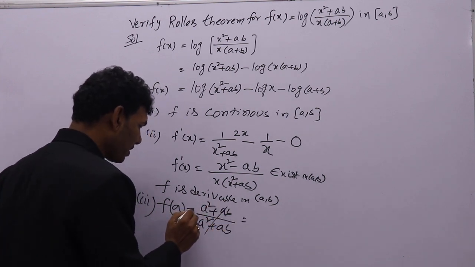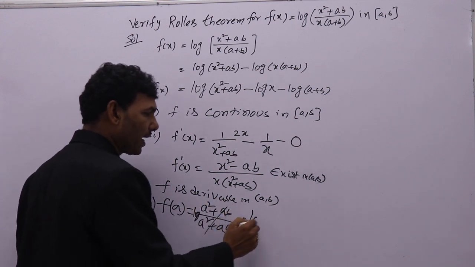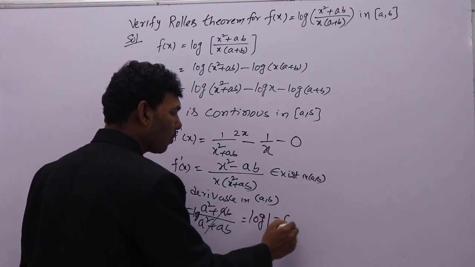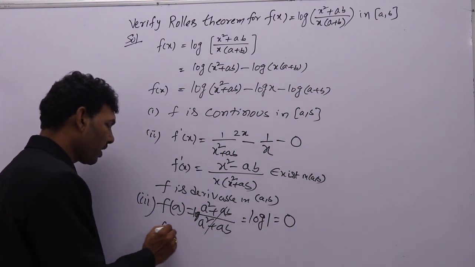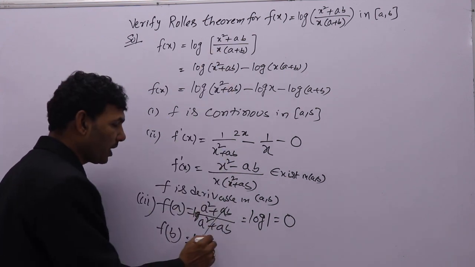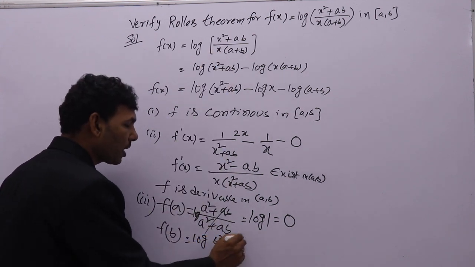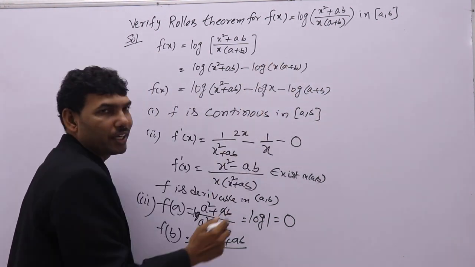What will you get? Log is there, log is there, so both get cancelled. Log 1 is 0. Now similarly find out f of b. F of b also: write b in the place of x, what will you get? B square plus ab. In the denominator, if you write b, b into b square, b into a, ab.